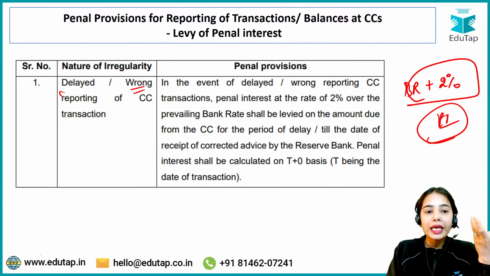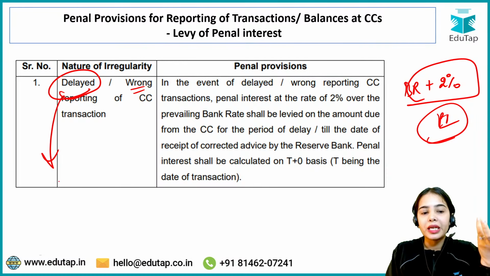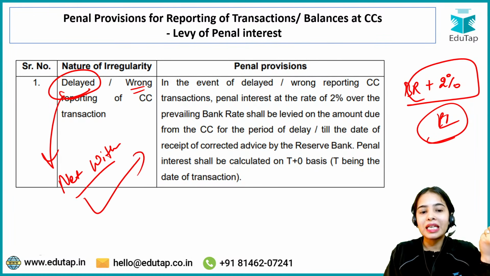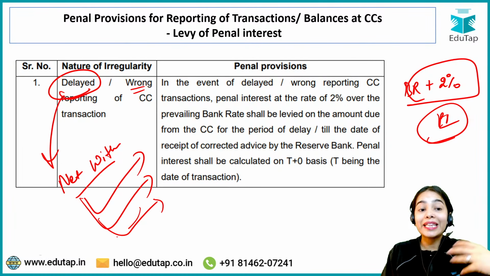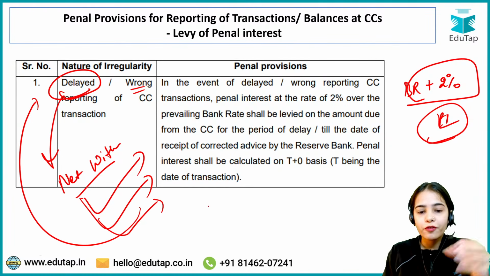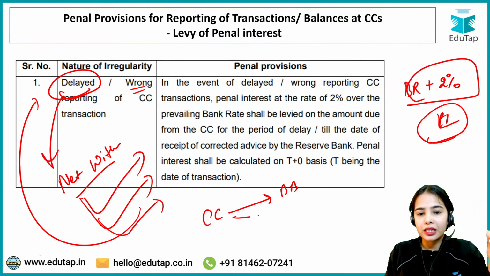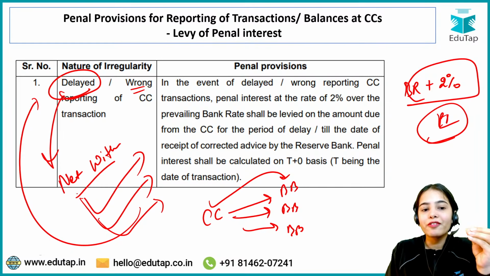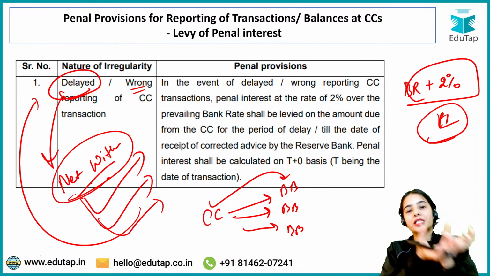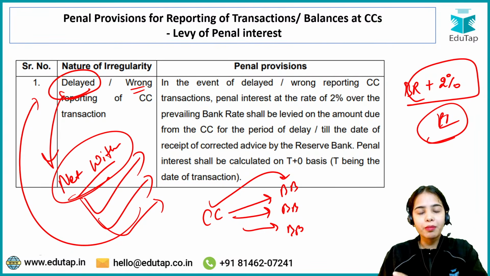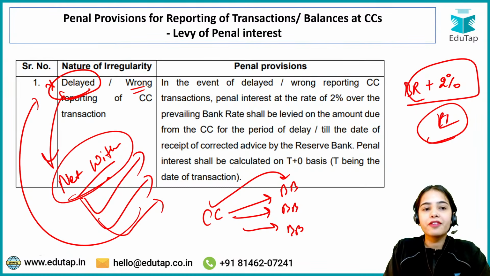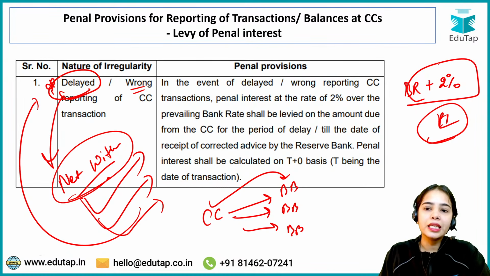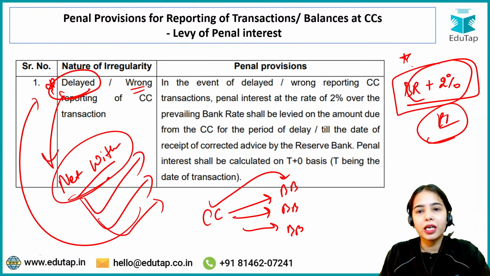Where the money has been taken out from the currency chest by the linked bank branches, there is net withdrawal. In this case, if the delayed reporting is happening, the penal provisions will be levied, bank rate plus 2%.